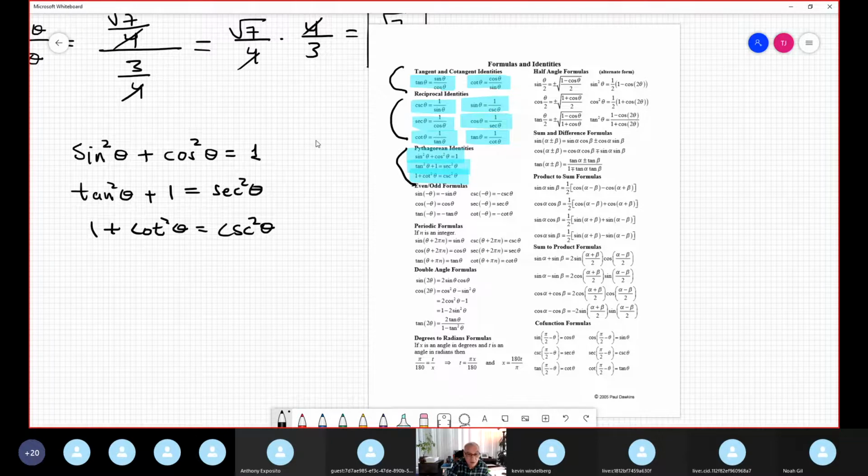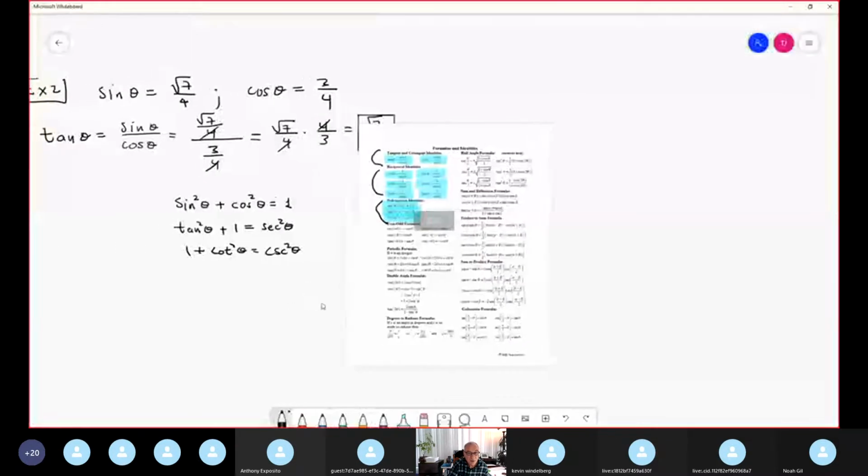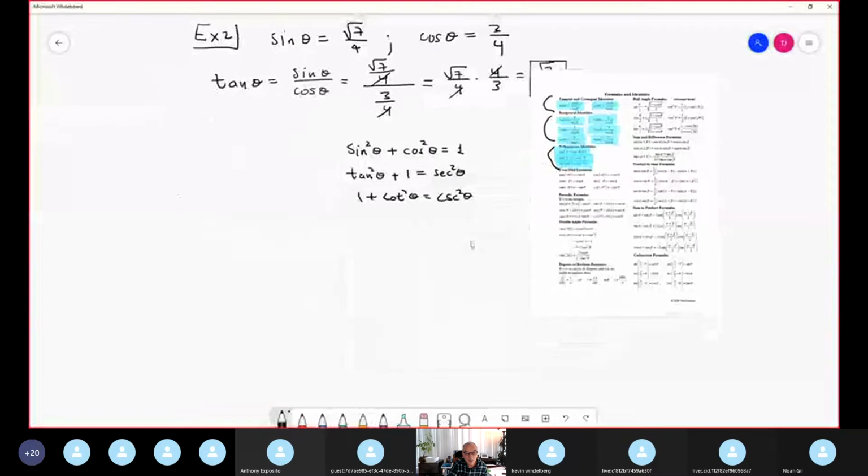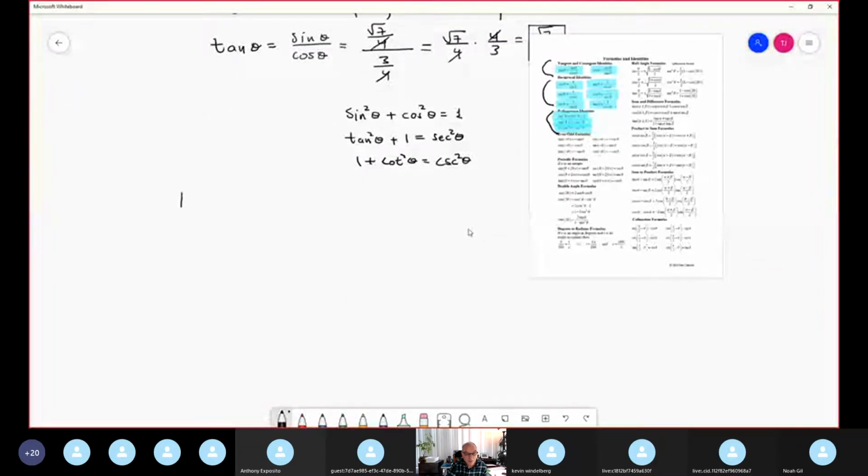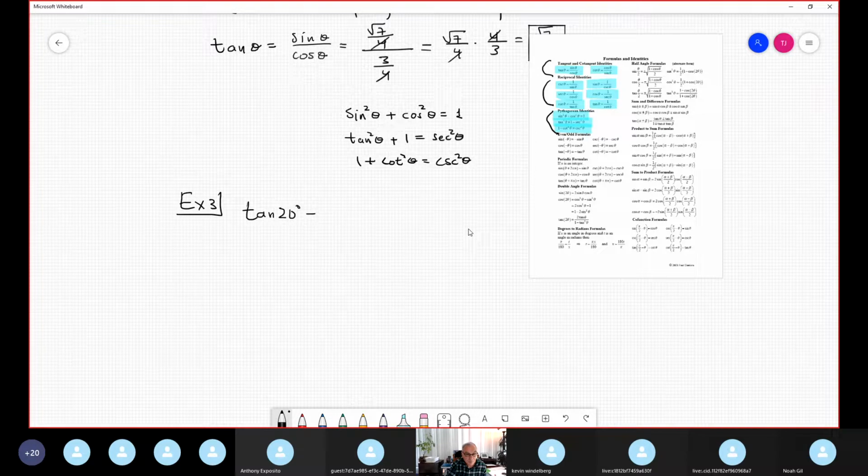Suppose que in one test that problem is given. Look, example 3. Compute that: tangent 20 degrees minus sine 20 degrees divided by cosine 20 degrees. Compute that? I have no idea.